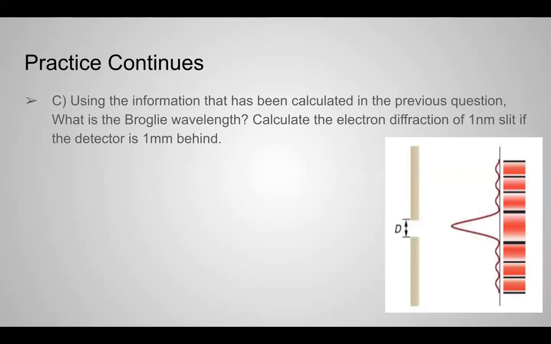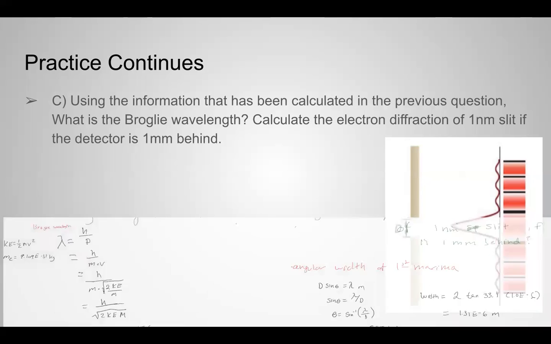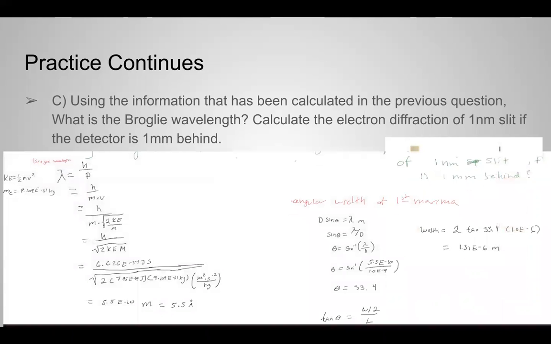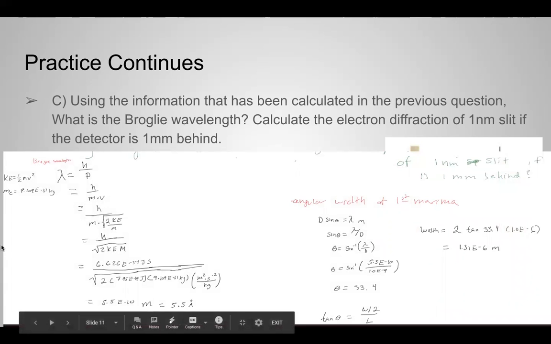Just because we're using photoluminescence imaging, I figure this problem would be perfect for that. So what we see is that the de Broglie wavelength is h over p, which can be rewritten as h over mv, where p is momentum, mass times velocity.